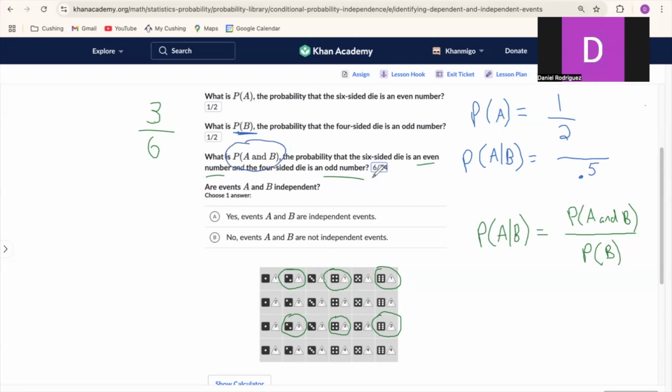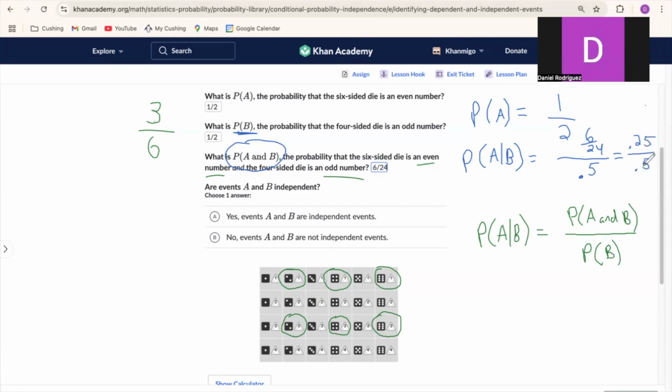So our numerator is going to be 6 over 24. It looks a little weird, but this is how I'm thinking of it. 6 over 24 is the numerator, 0.5 is the denominator. If I want to simplify, 6 over 24, that's 1/4. So I can write that as 0.25. If you put 6 over 24 in your calculator, you'll get 0.25, and it's over 0.5.